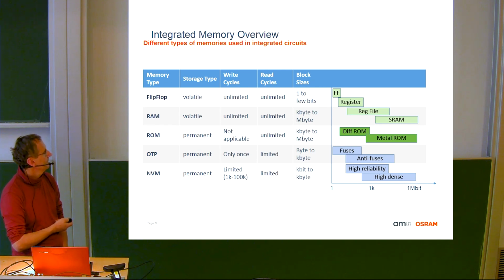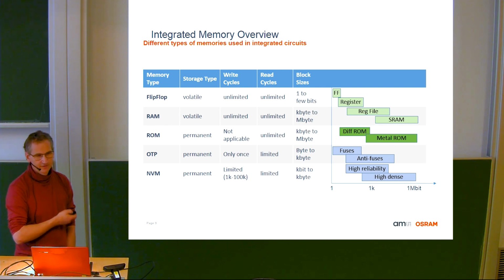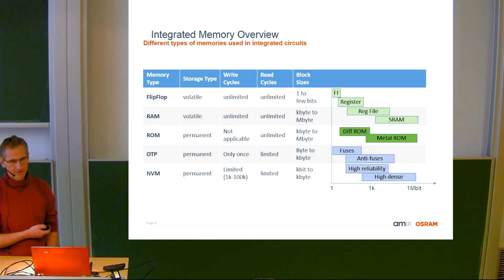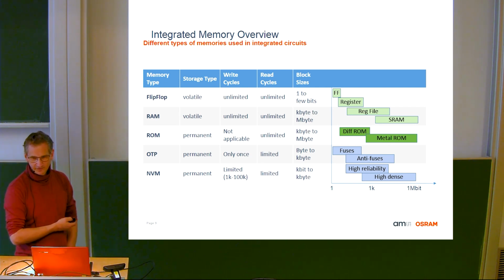This is the area we're covering. Here we are, as said, just talking about integrated memory on a chip. You don't want to waste too much area. And if you really need much more, then you go to the external memory and just use latches to copy from outside just the portion that you need.